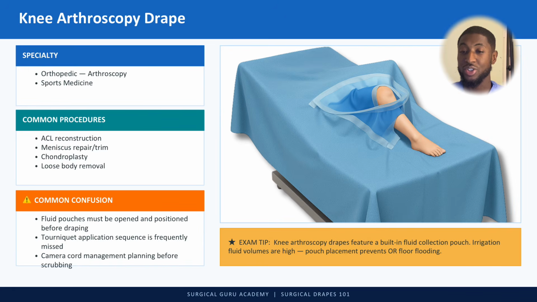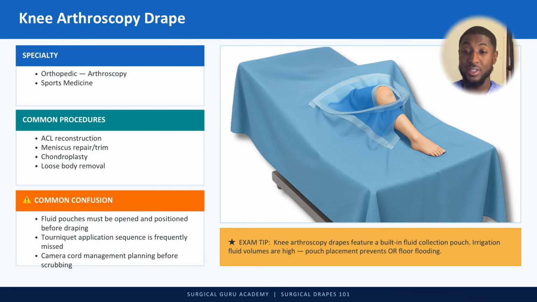You want to make sure that your cord management is on point because there's a lot of different cords. You have the camera cord, you have your light cord, you have your shaver. In arthroscopy cases, you might have your burner, and you're going to have suction. Potentially, you're going to have your inflow tubing, which is giving you your fluids that are going into the knee. Sometimes they want outflow, so you need suction for outflow.